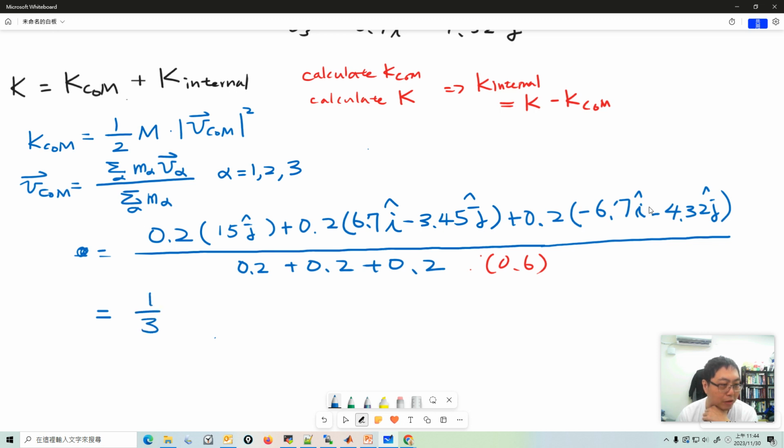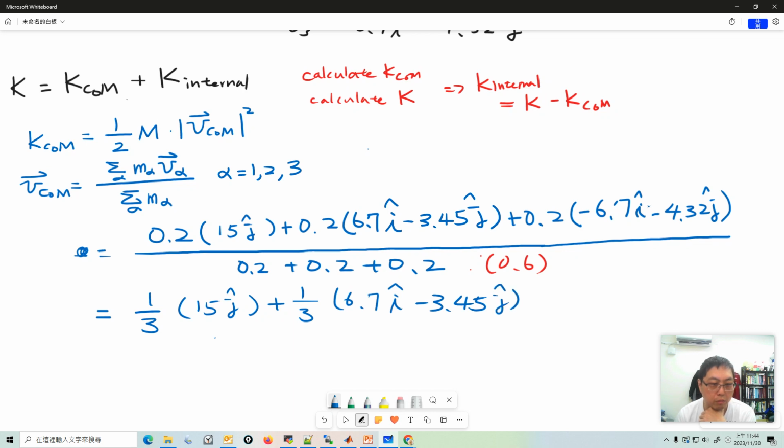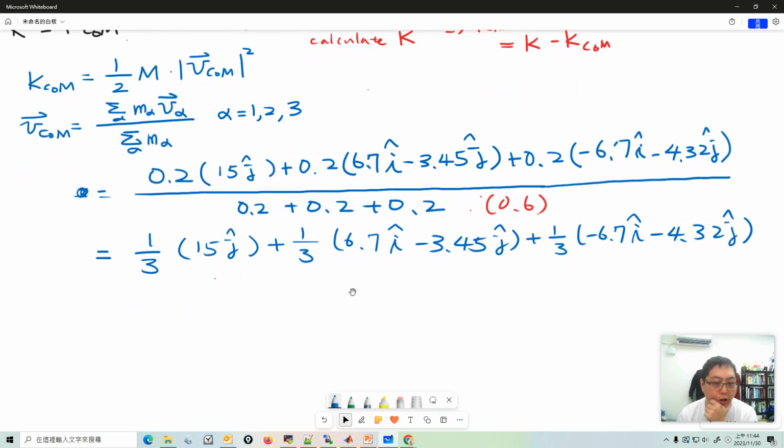Actually, it's 1 over 3 times 15J, plus 1 over 3 times 6.7I minus 3.45J, plus 1 over 3 times minus 6.7I minus 4.32J. We can treat the components separately: one is I, the other is J.